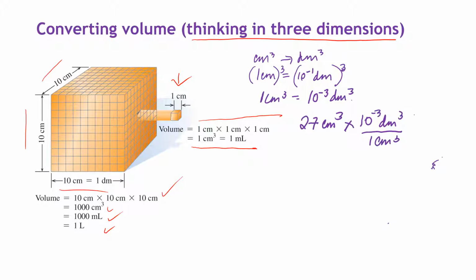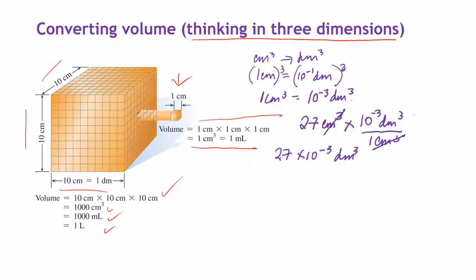So what's our answer here? Well, clearly we have 27 times 10 to the negative 3rd decimeters cubed. Why? Because our centimeters cubed canceled.